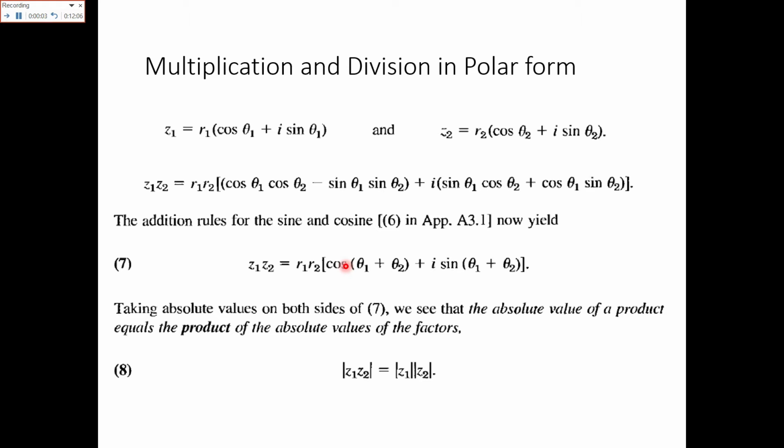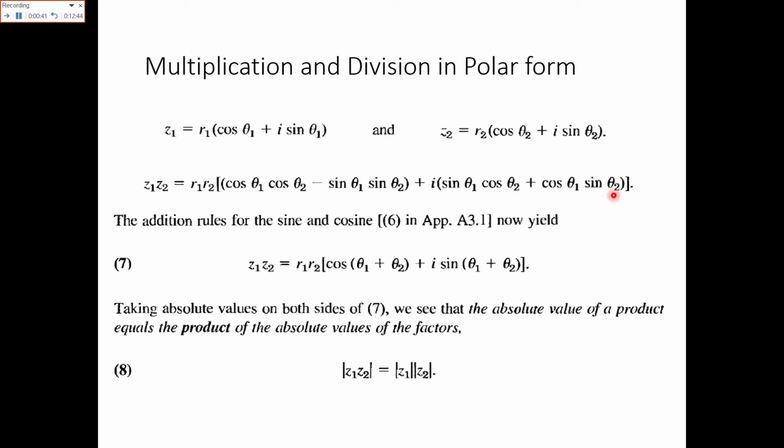Now the multiplication and the division of the polar form. If z1 is equal to r1 cos theta 1 plus iota sin theta 1 and z2 is equal to r2 cos theta 2 plus iota sin theta 2, then when you multiply these two, you will get r1 r2 into cos theta 1 cos theta 2 minus sin theta 1 sin theta 2 plus iota sin theta 1 cos theta 2 plus cos theta 1 sin theta 2.